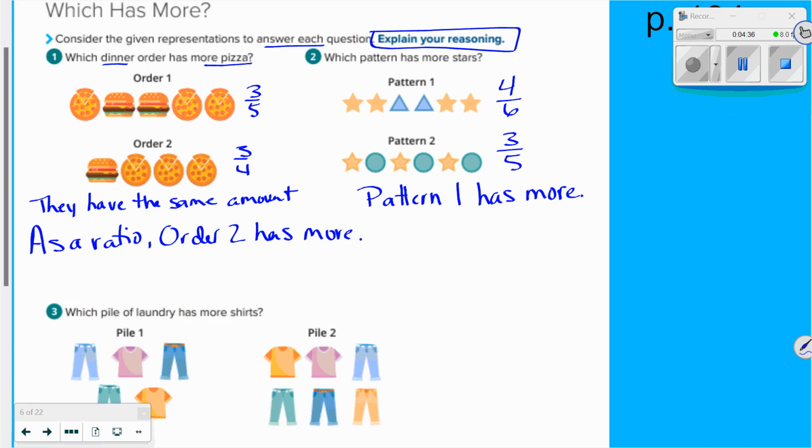Which one is higher? 4 out of 6. So in both cases, pattern 1 is higher.